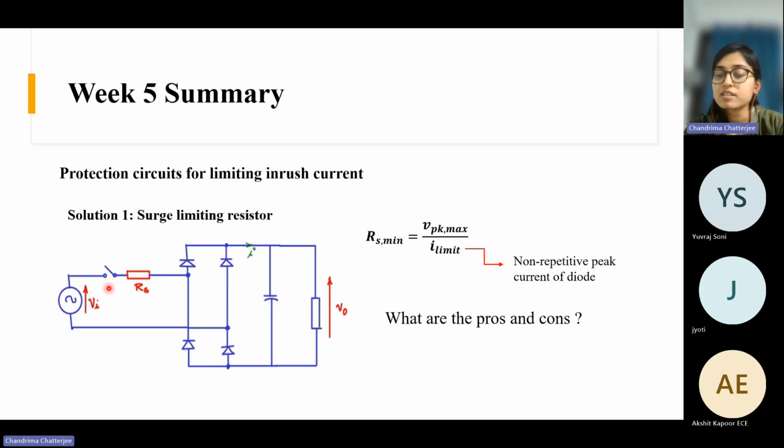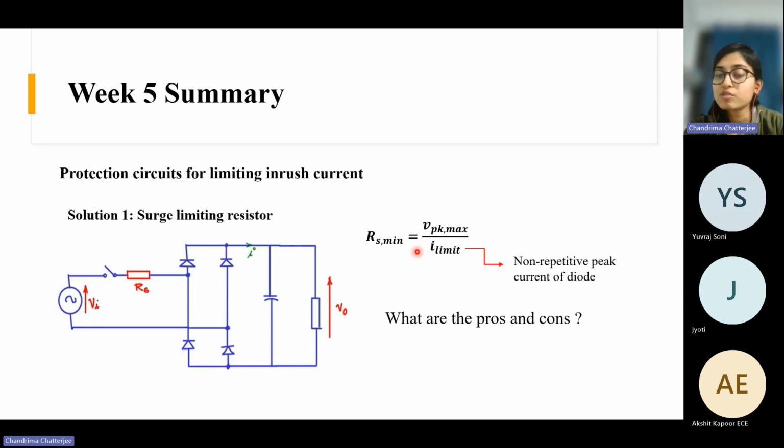If 230 is the nominal value, it will not always stay at 230 volt. It can go beyond 230 volt and it can also come down. Whatever the maximum limit of this voltage is, corresponding to that you will have some peak voltage. That peak value of voltage you should consider.